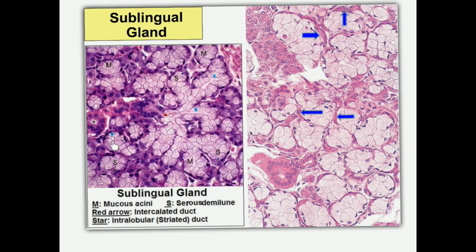Here you can see the lumen of the mucus acinus, and these are mucoserous acini, as this cap of dark cells represents the crescent of Gianuzzi, while this one is pure mucus, and this is also pure mucus with no crescent of Gianuzzi. Also again, this is a secretory or striated duct or intralobular duct. And all these pointed by the blue arrow are the crescent of Gianuzzi.